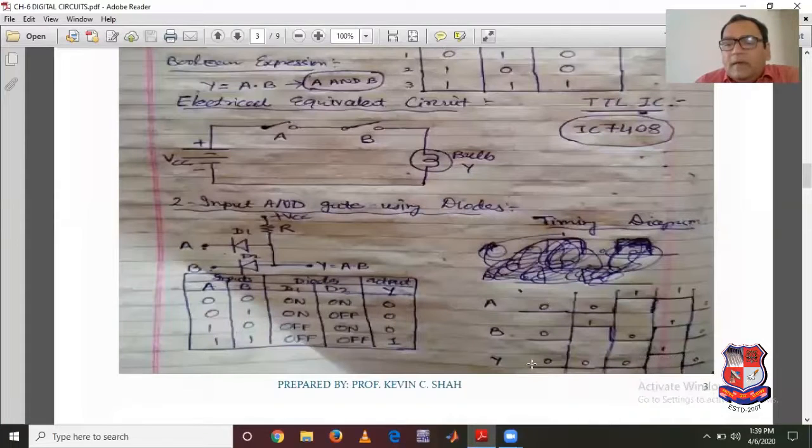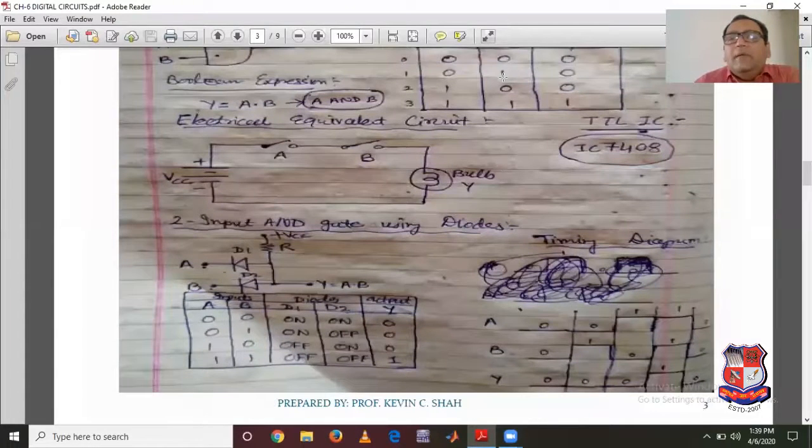So I can draw this line like this, which is nothing but the reference we consider as 0. But when A is 0 and B is 1, this is nothing but the clock pulse, 1 and 0, but the output is 0.